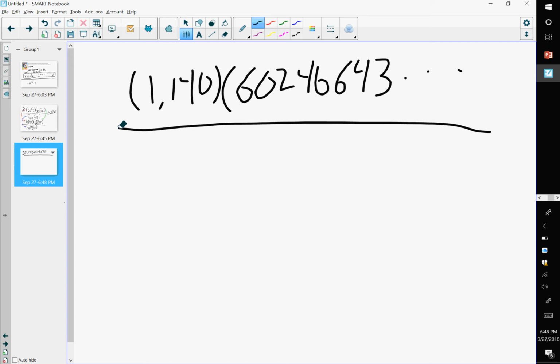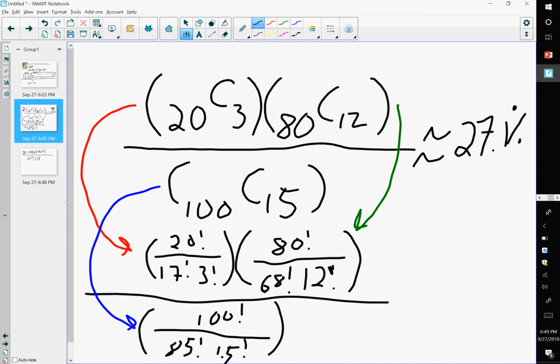So this is a 6 with 13 place values behind it. And the bottom is 253,338... It's a giant number, a 2 with 17 place values behind it. So these are very large numbers, and you're better off plugging in these values here.